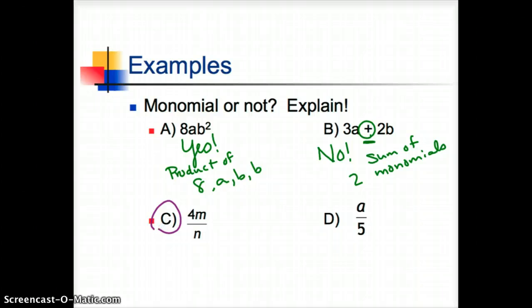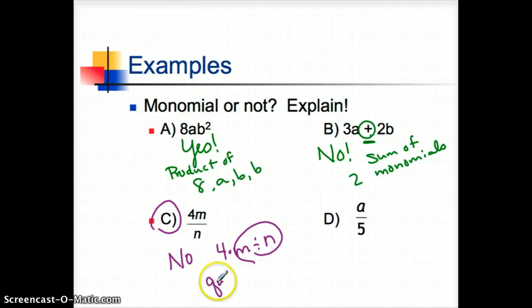So this one's usually tricky for people. This is no. The reason being it's 4 times m, but then divided by n. So right here, this is not a product, it's a quotient of your variables. So that is not a monomial.